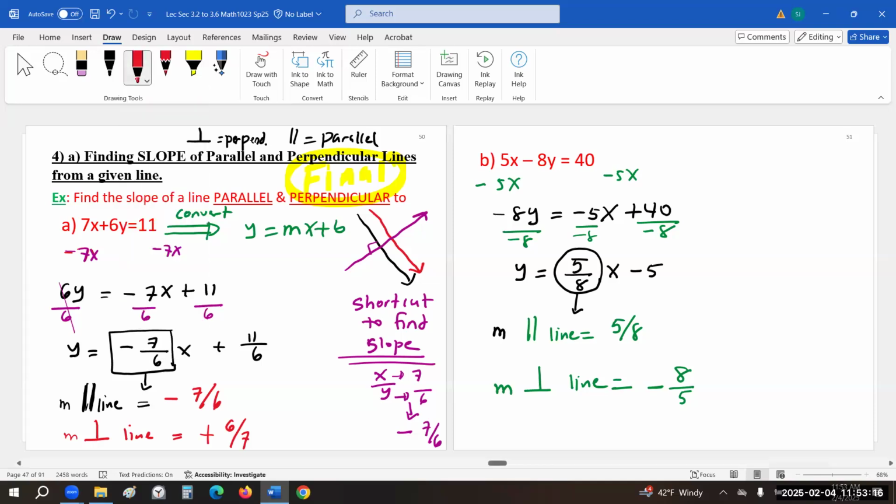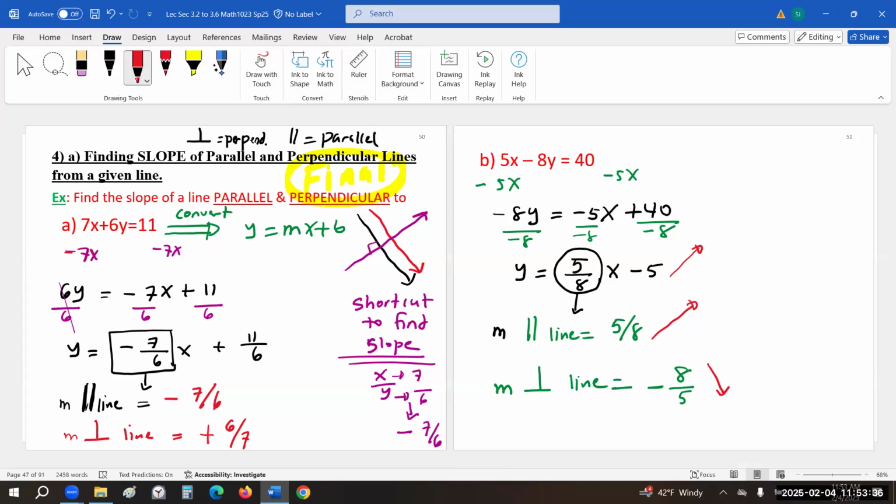Positive slope means this line is going upward, so our original line is increasing. That means its perpendicular must go downward, so it has to have a negative slope.